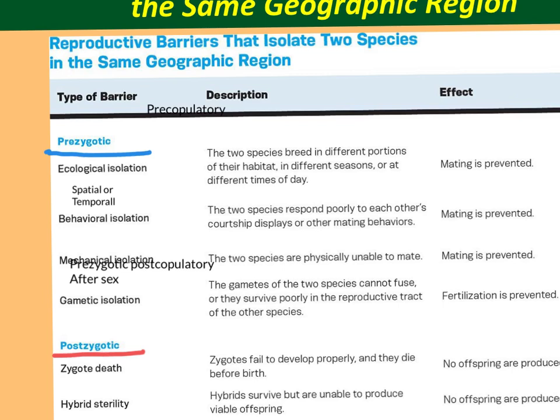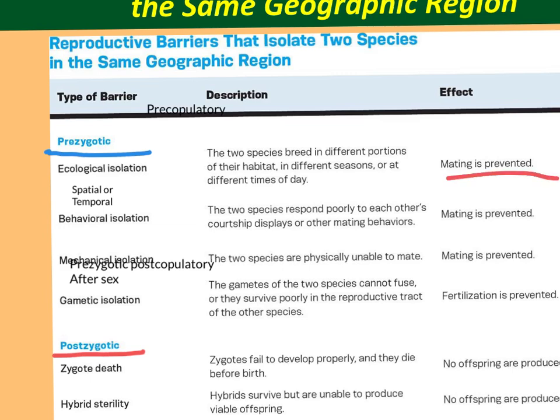And these are all ecological kinds of isolation. Two species breed in different portions of their habitat, different places where they don't meet, or in different seasons or different times of the day. Because they don't meet, mating is prevented. They never get a chance.